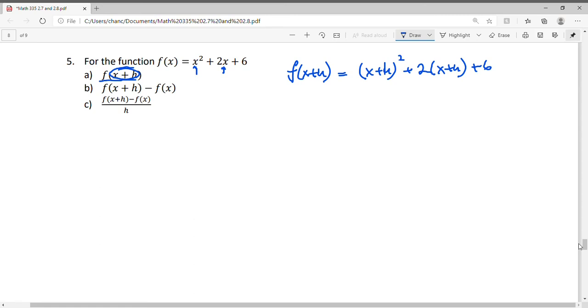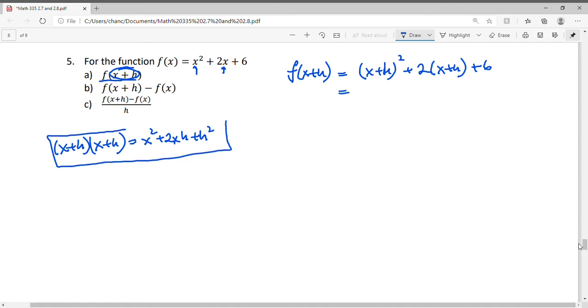Now this means we have to FOIL (x plus h) squared. So do the scratch work for (x plus h) squared somewhere on the side, and when you FOIL (x plus h) times (x plus h), you should get x squared plus 2xh plus h squared.